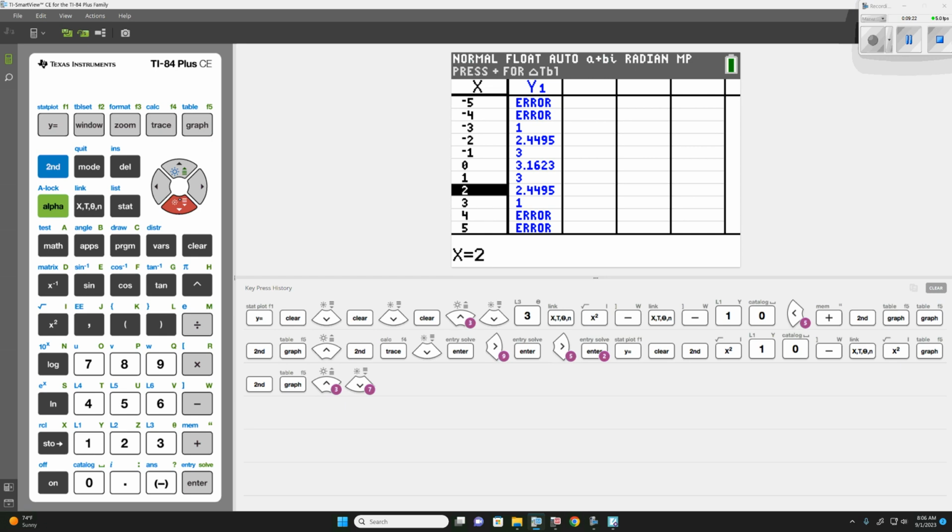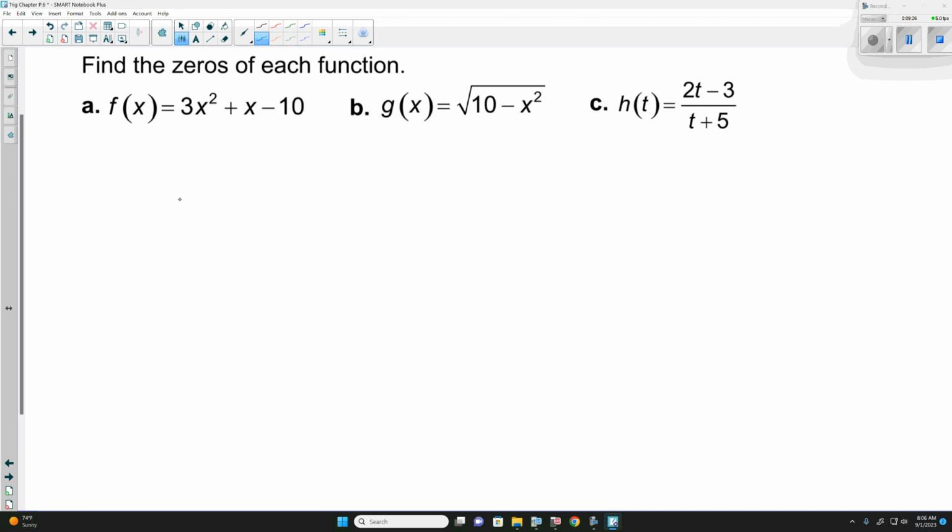So it's going from -3 to 3, and we need to figure out if it does have a solution. So we'll set it up. 0 is equal to the square root of 10 minus x squared. If it was one term, yes.